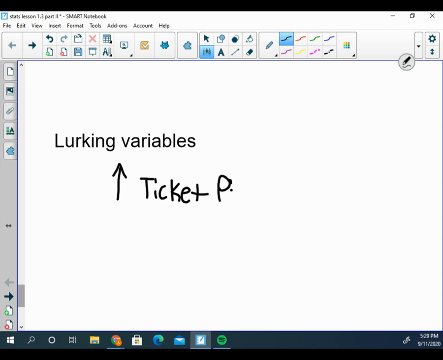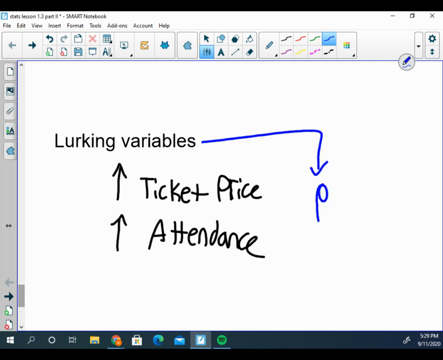We're going to have higher attendance. No brainer. Now, you all are sitting at home behind your computer screen going, this guy's an idiot. What's he talking about? Obviously, upping the ticket price is going to make less people attend. What I'm alluding to here is what's called the lurking variable. What's the lurking variable in this case?